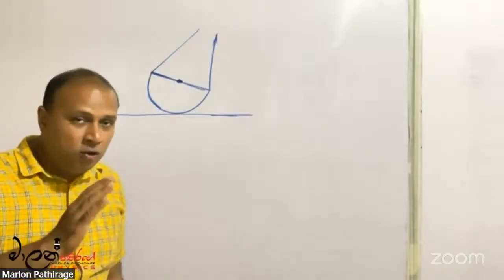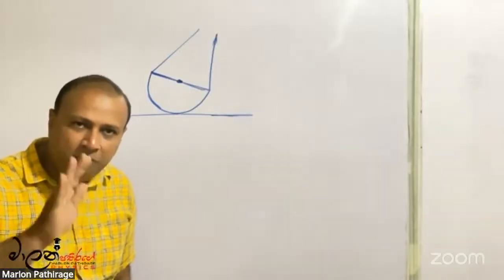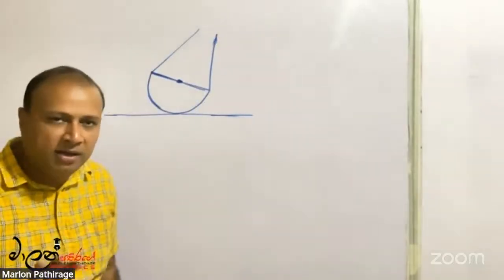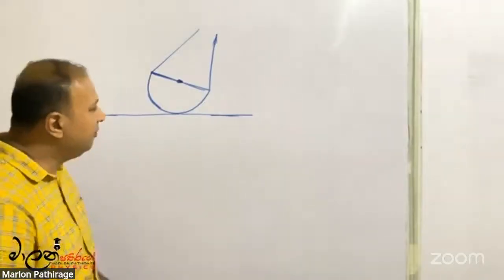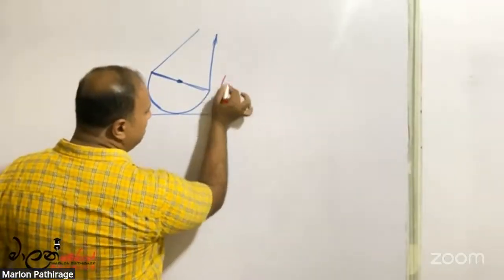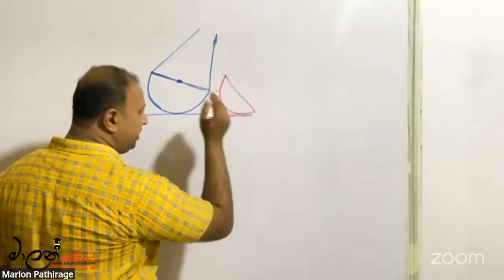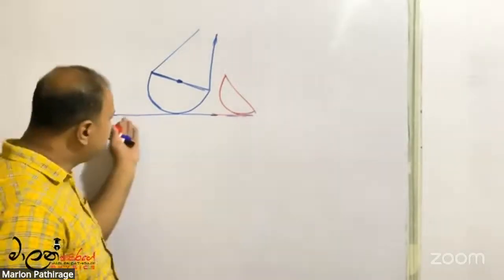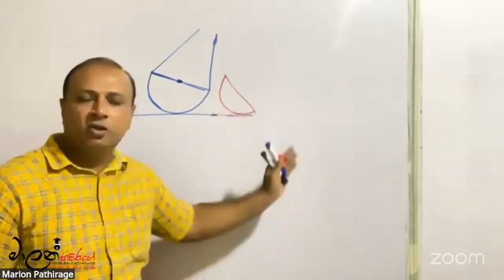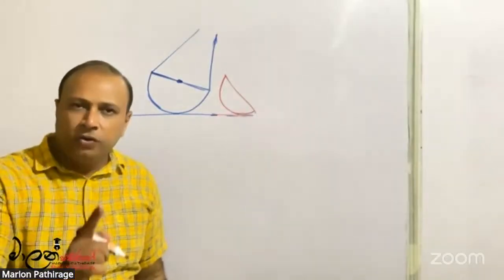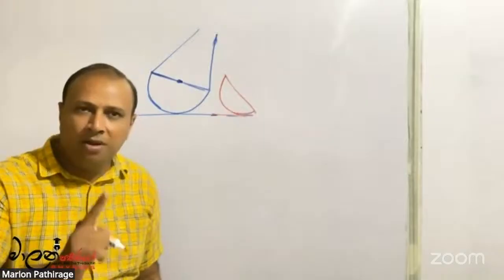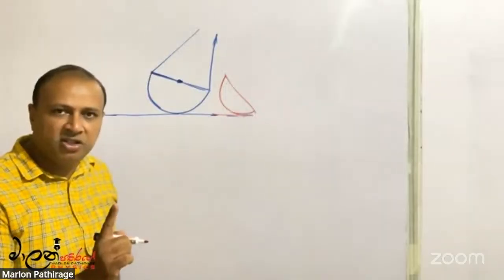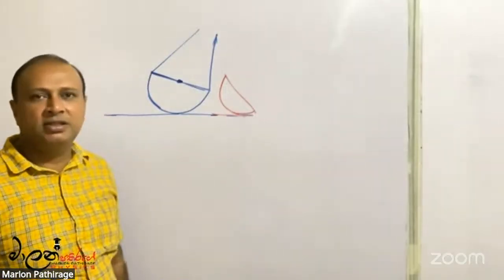No matter what is the position of this object, if you consider any position, this is a circular part and this is a tangent to that circular part. The normal reaction is always perpendicular to the tangent.